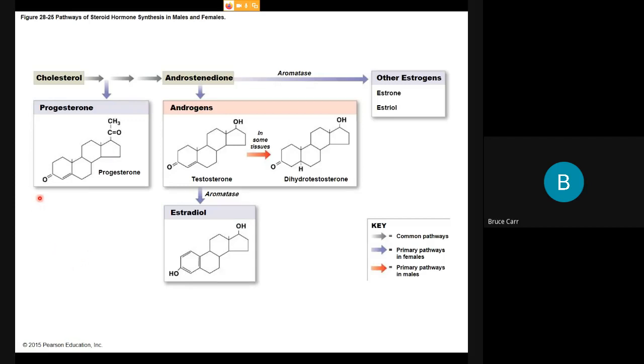Typically the presence of an oxygen at this position. Sometimes it's double bonded oxygen, sometimes it's OH. Up here, a methyl group on the C double bonded O. Here an OH, OH, and OH. The differences are really minor. The presence of side groups that differ mean that the double bond distribution will change. Here we have one opposite the double bond oxygen.